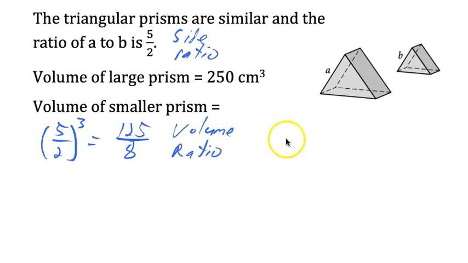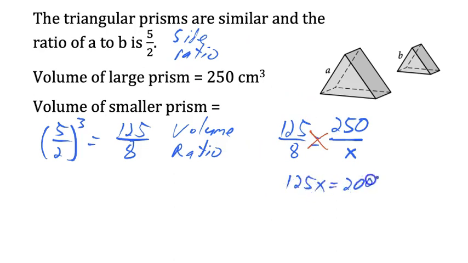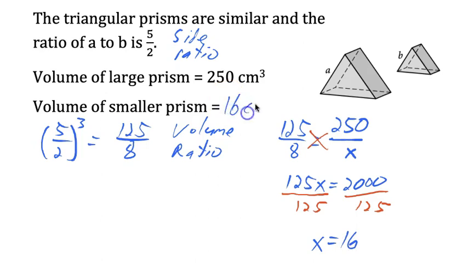Now we can use a proportion to help us figure out the missing volume. And we end up with a volume of the smaller prism of 16 cubic centimeters.